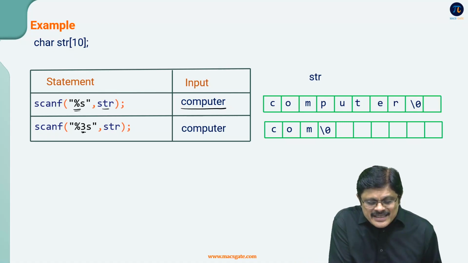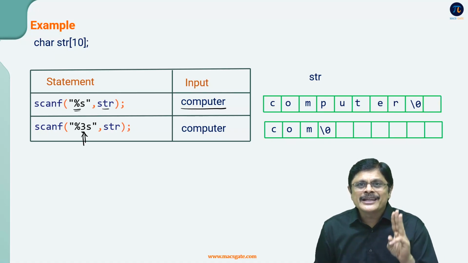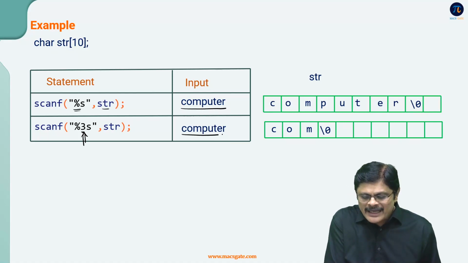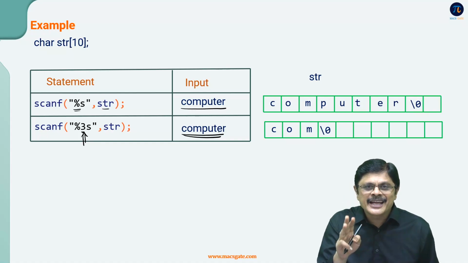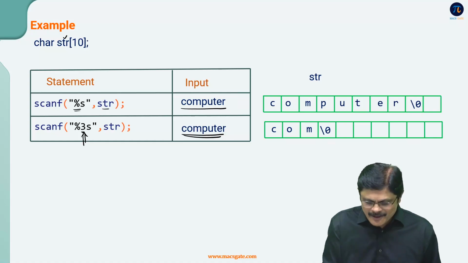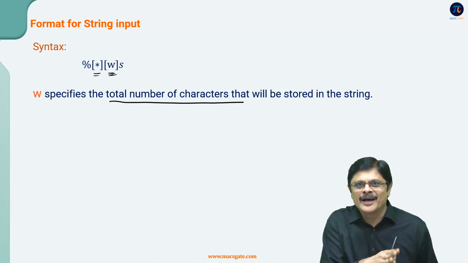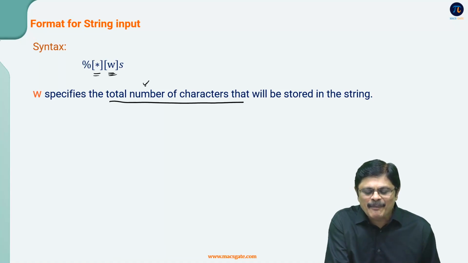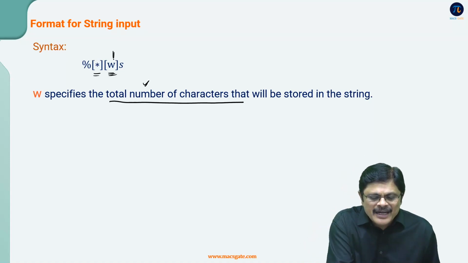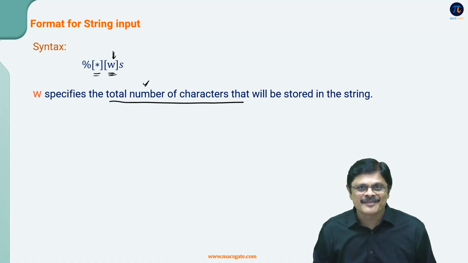But if I use this length field 3, only 3 characters will be stored in this particular string, my dear friend. So even if you enter the input computer, only the first 3 characters are stored in this particular variable. So using this field, we can restrict the maximum number of characters which can be stored in the string, my dear friend.